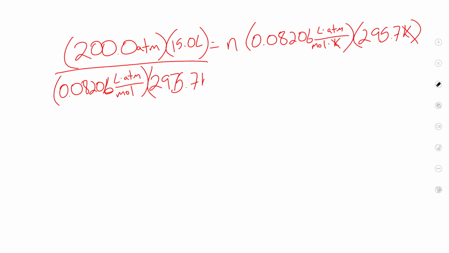I made that look really messy. Then we've got liters on the bottom, liters on the top, atmospheres on top, atmospheres on bottom. Everything cancels out for our units, except we get 1 over moles as our final unit.